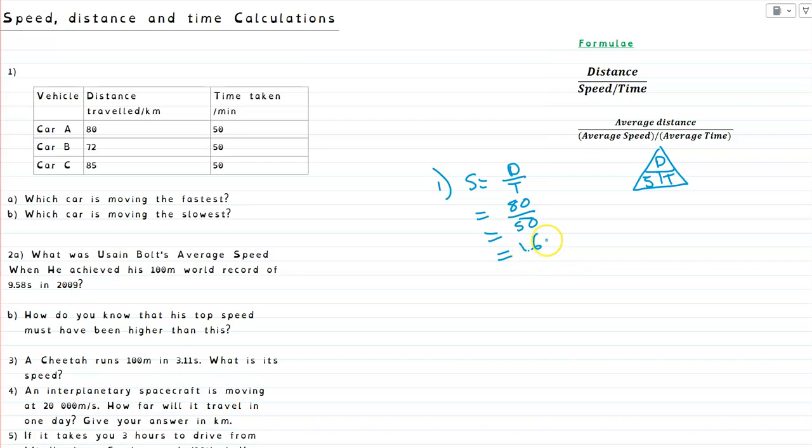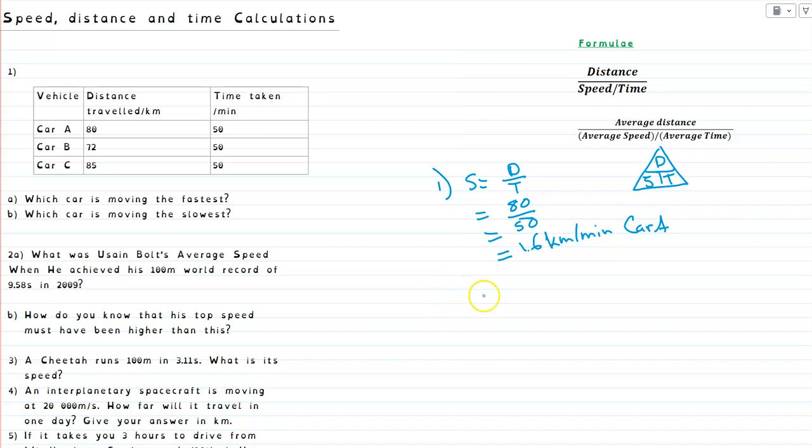Okay, this is kilometers per minute. Now the nice thing about this, if you look at the unit of measure, you can see that we divided the kilometers with the time. We divided the distance with the time. So if you see a unit like this, then you automatically know that this is your speed, because speed equals distance divided by time. Okay, so this is car A.